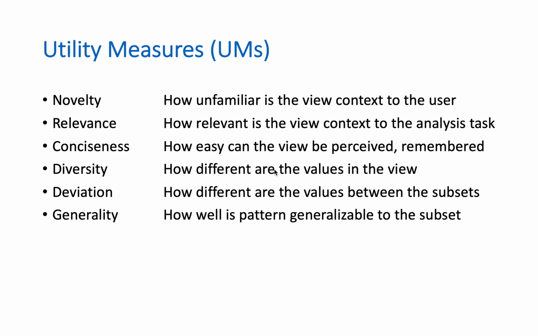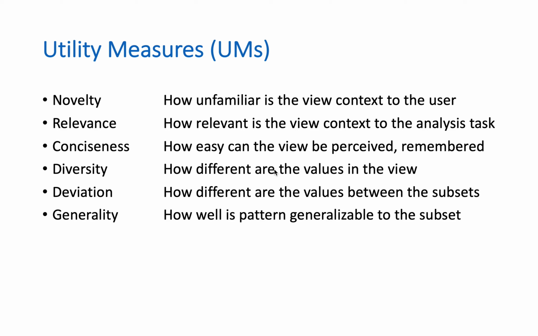So after talking about the classification system, we will also talk about the view measures that we have identified that are commonly used nowadays. The first utility measure is novelty. It measures how familiar the view context is to the user.